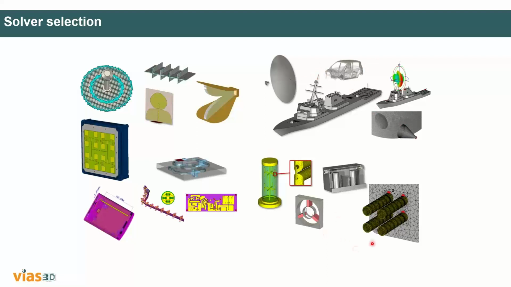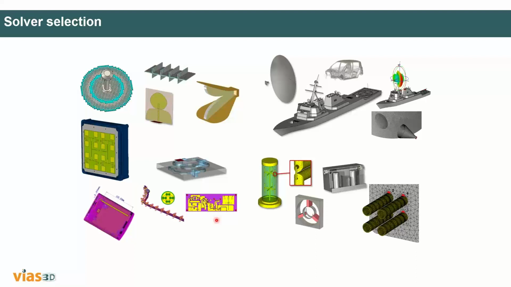And not only the antenna, you have other things like circulators, amplifiers, filters, and also applications like PCBs. So electromagnetics is not only limited to antennas, it's related to a lot of things.